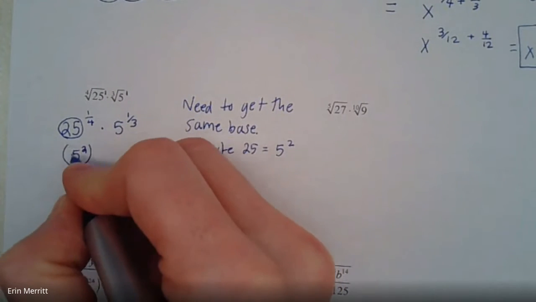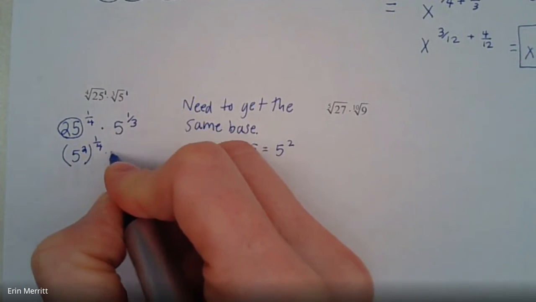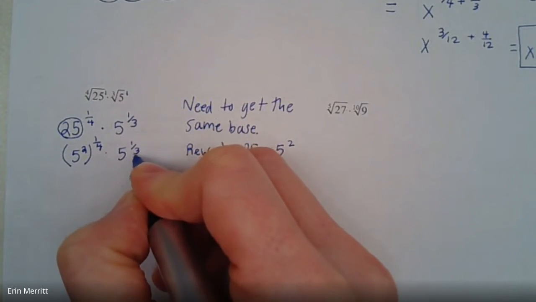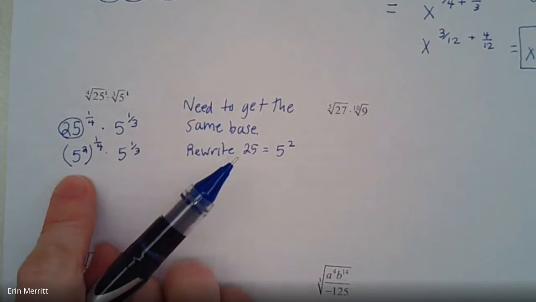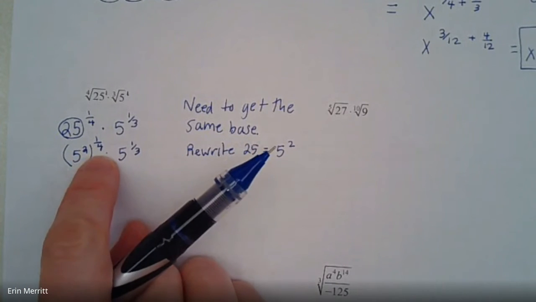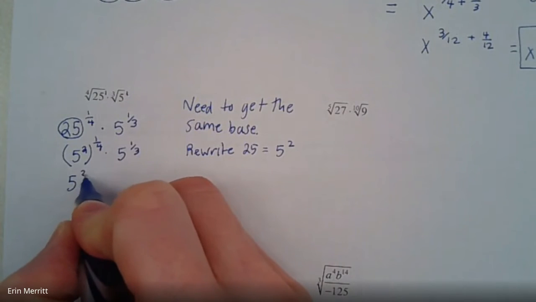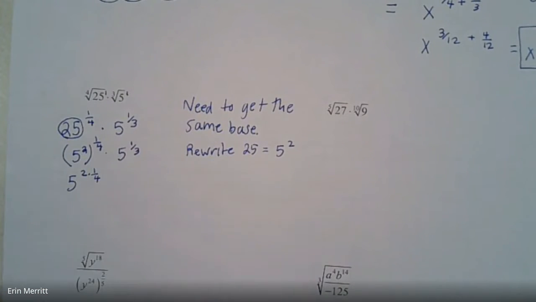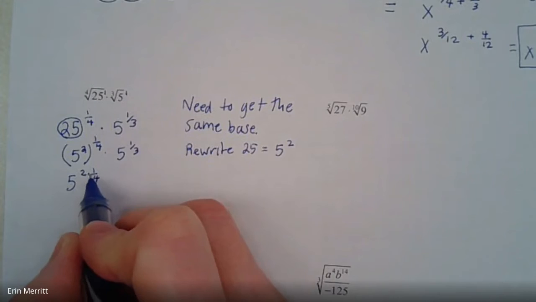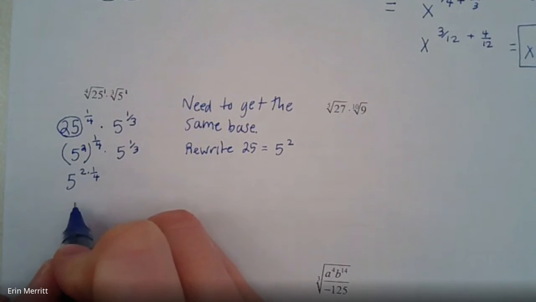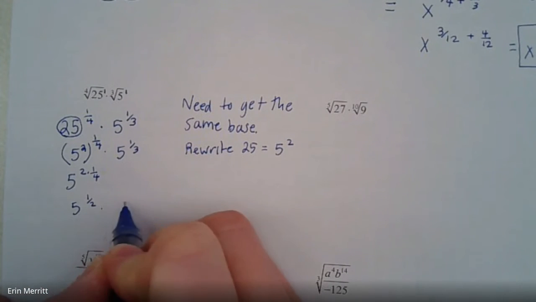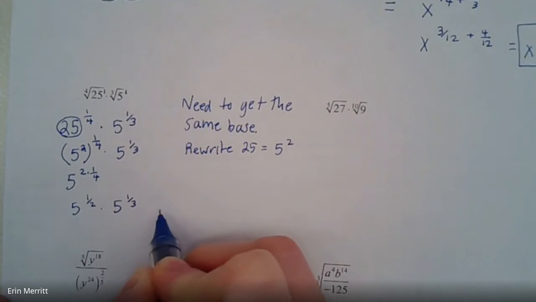That is being raised to the 1/4, and then it's still times 5 to this 1/3. Now let's clean this up. Power raised to a power, I can multiply. So if I do 5 to the 2 times 1/4, that's the same as 2/4 or 1/2. And then 5 to the 1/3.